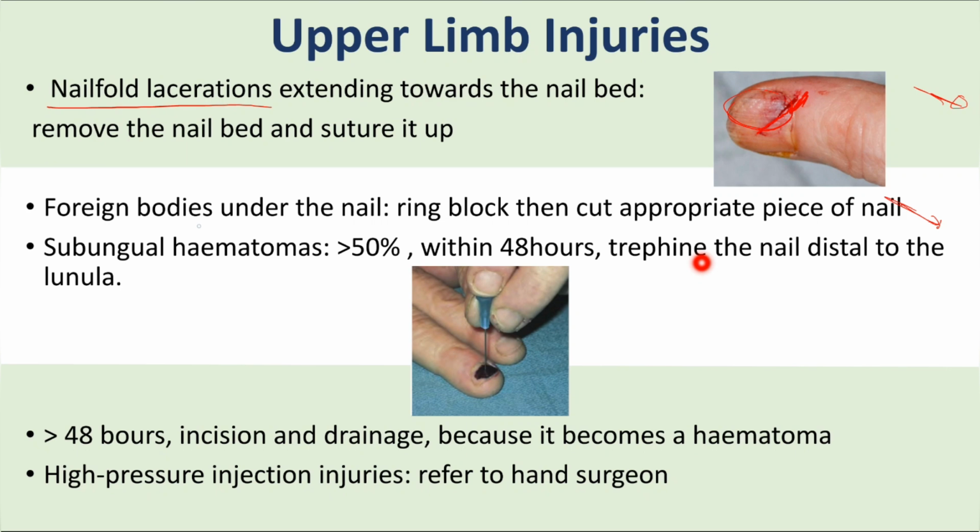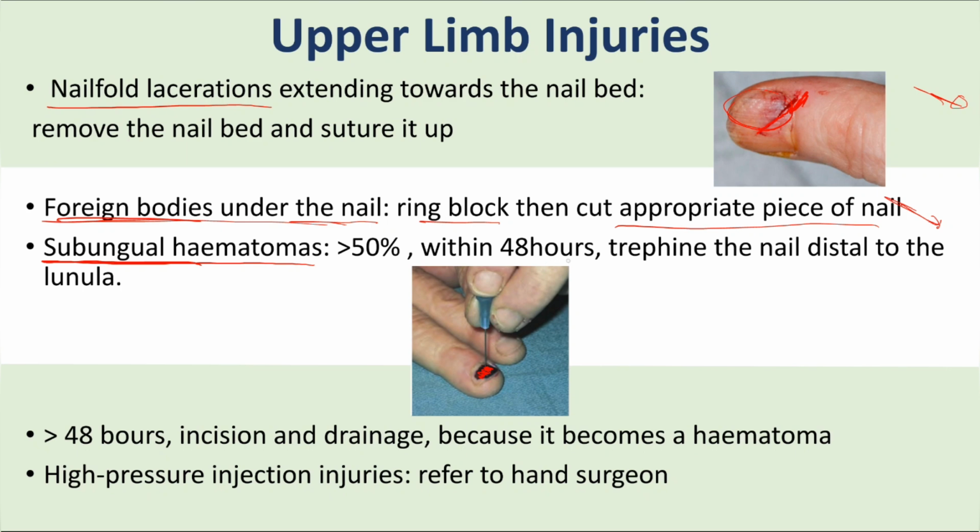If there is a foreign body under the nail, you have to do a ring block, then cut an appropriate piece of nail and remove the foreign body. If there is subungual hematoma, what is subungual hematoma? When there is collection of blood under the nail.